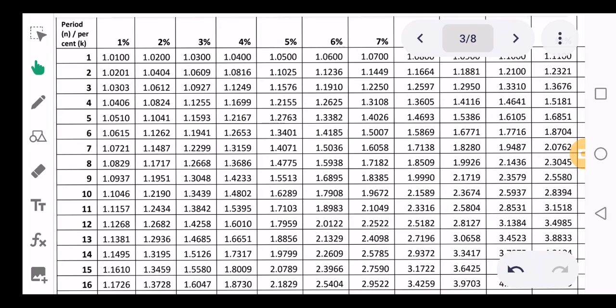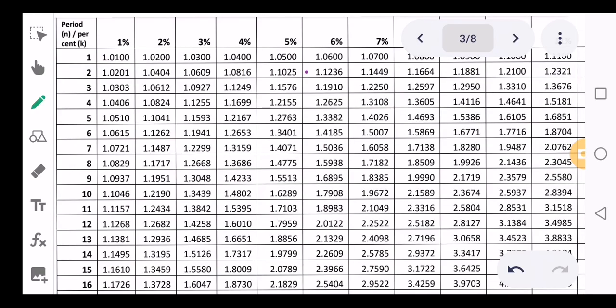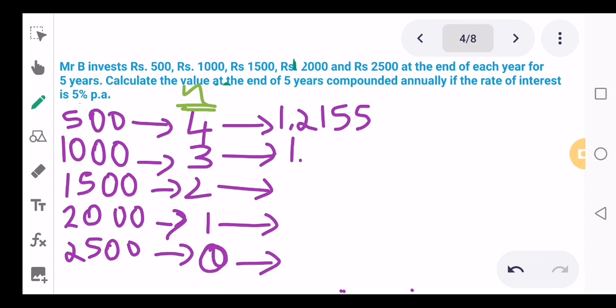So 5% for 4 years is 1.2155. Next, for 1000, 5% for 3 years is 1.1576.